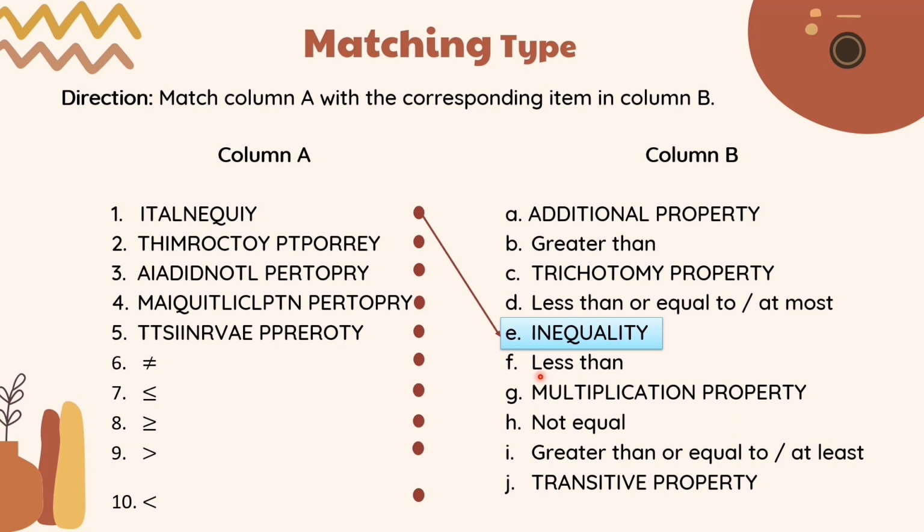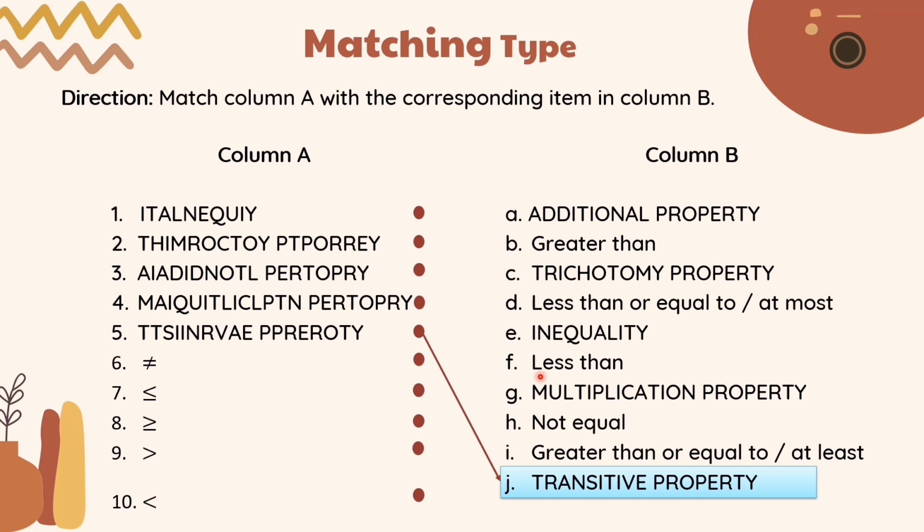Number 2, it is a trichotomy property. Number 3, addition property. Number 4, it is multiplication property. And number 5, it is transitive property.